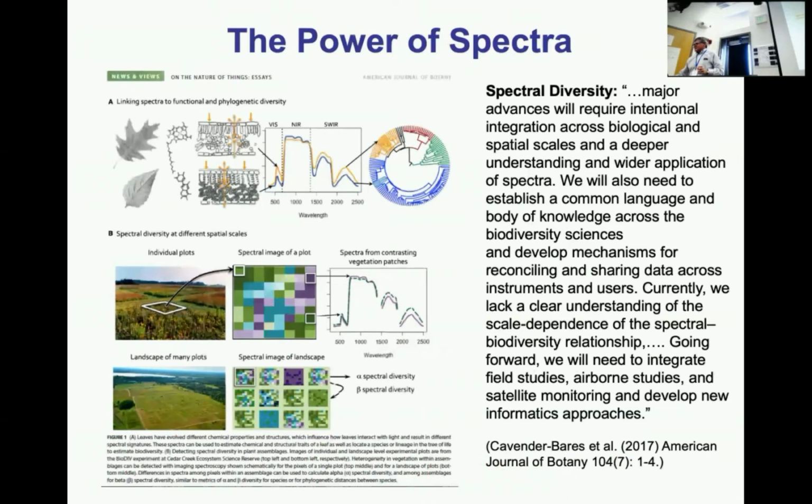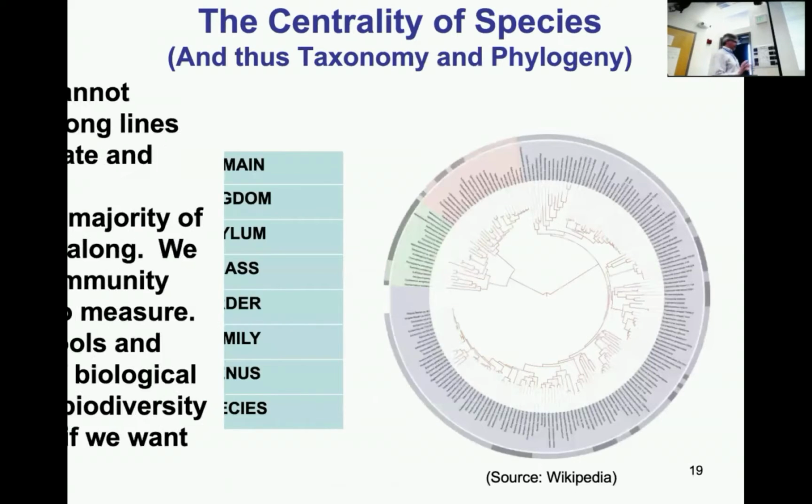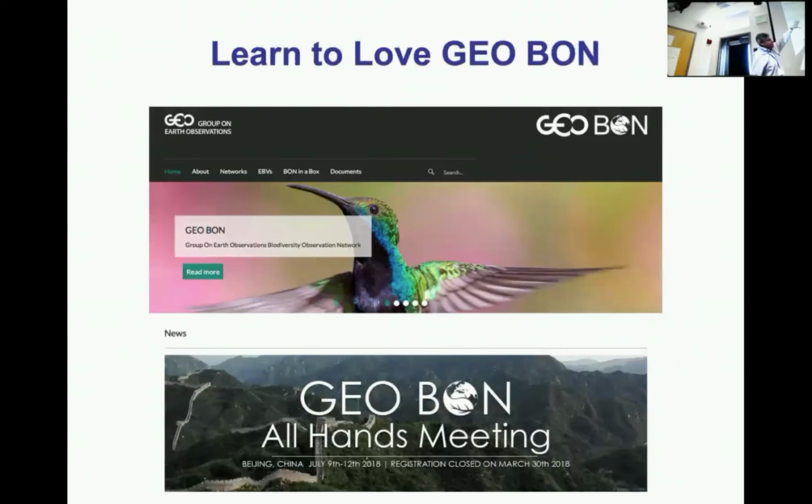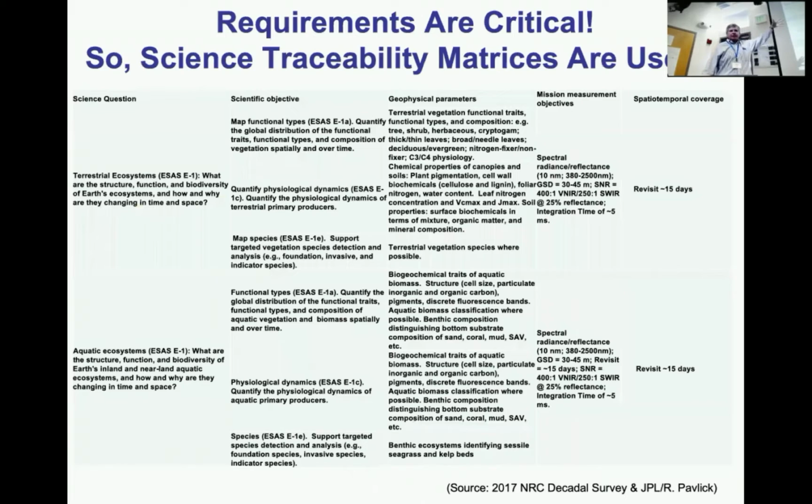And so it's going to start with this diagram that I pulled from Ryan Pavlik at JPL. It's a science traceability matrix chart. You can do these for applications too. Science applications traceability matrix. Where you start over on the left is science questions, terrestrial ecosystems, aquatic ecosystems, very top level: what are the structure, function, biodiversity, and why are they changing across landscapes? Very, very, very top level. Then you come up with some objectives from that. We want to map species in this place, support targeted vegetation species mapping outside of that.